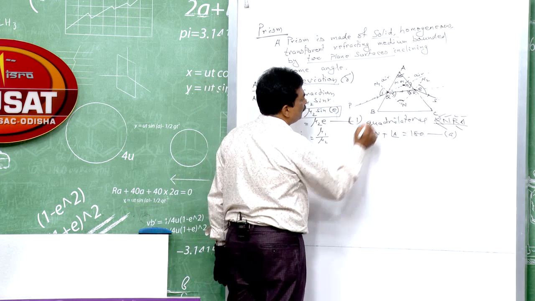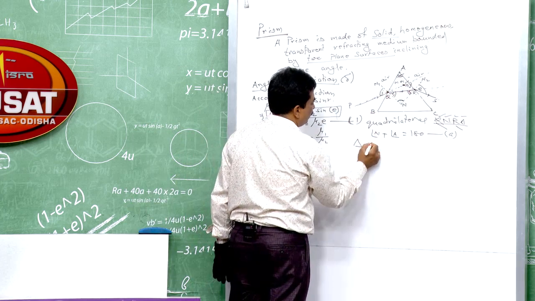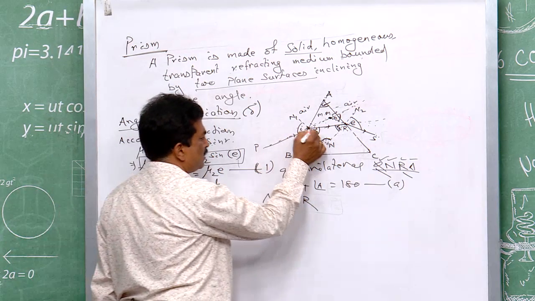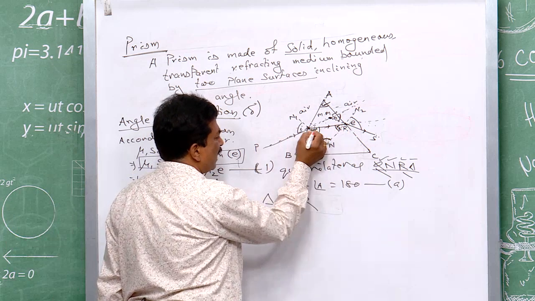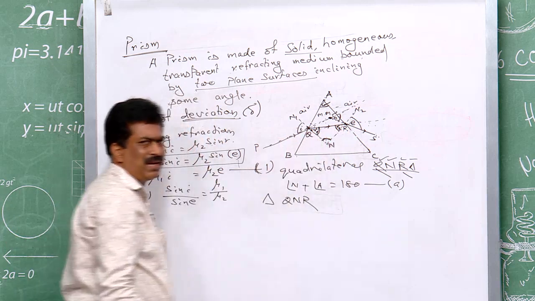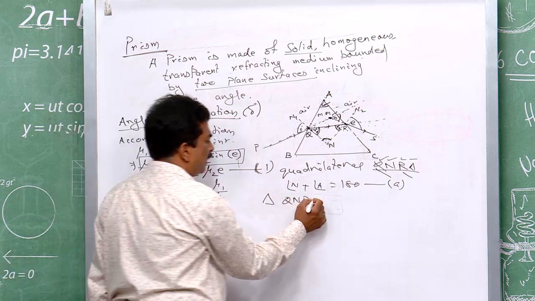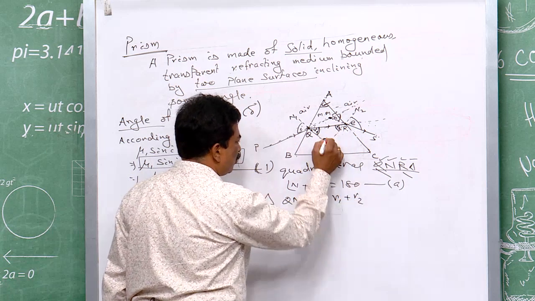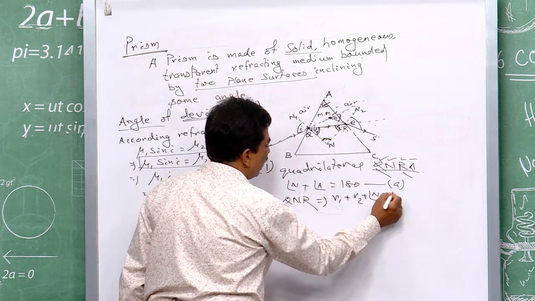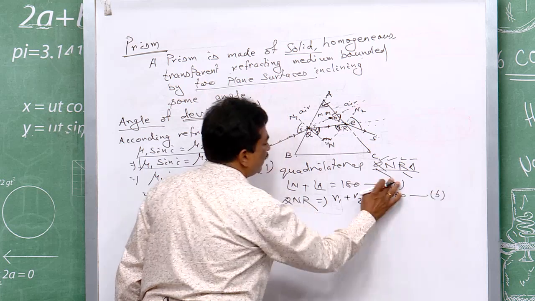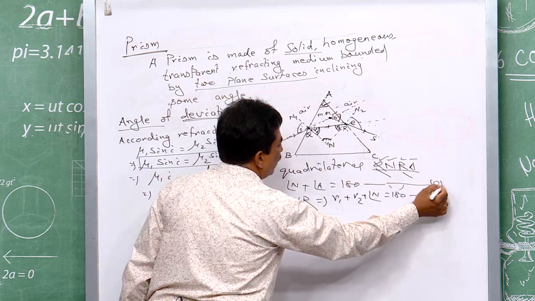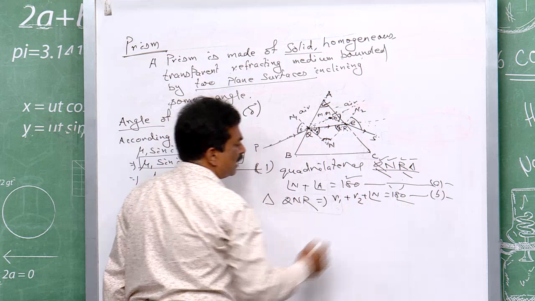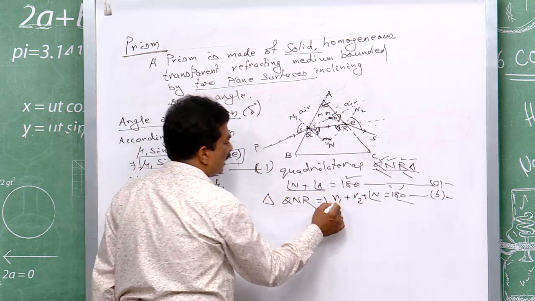Again in the triangle QNR, you see this is QNR, so this angle plus this angle plus this angle is equal to 180 degrees. The sum of the 3 angles is equal to 180 degrees, so R1 plus R2 plus angle N is equal to 180 degrees, that is equation B. So if you compare equation A and B, the right-hand side is 180 degrees, therefore the left-hand side must be the same.